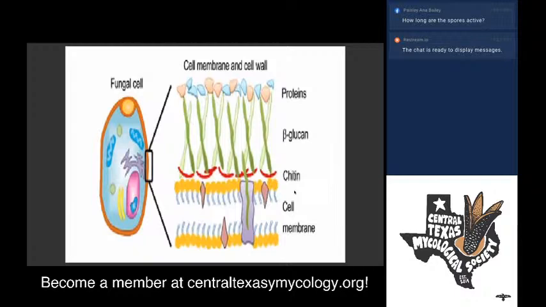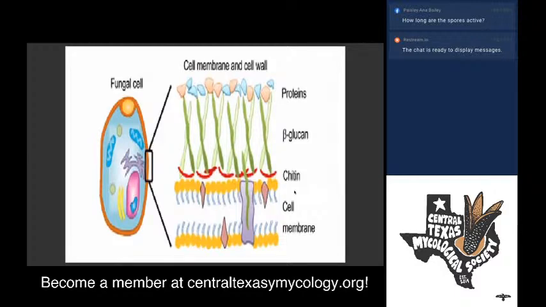But that beta glucan is also a reason why all fungi have a cholesterol-reducing, not reducing, but what's the right word? A mitigating effect. It kind of buffers cholesterol in the body and helps us produce the good kind of cholesterol as opposed to the harmful kind.